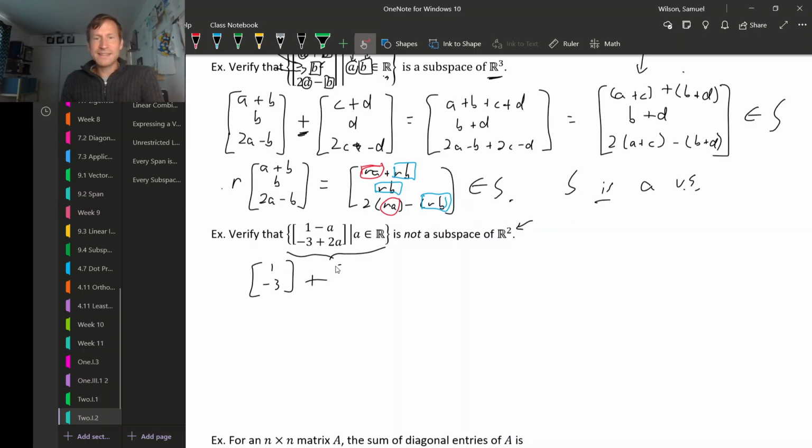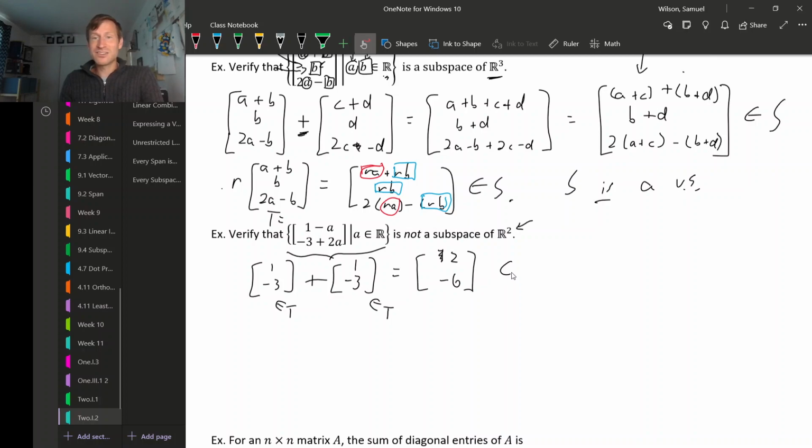So let's add that to itself. Right, so let's call this one capital T maybe. So this one is clearly an element of capital T. This one is the same element of capital T. So if we add them together, do we get another element of capital T? So the vector we get is 2 comma minus 6.